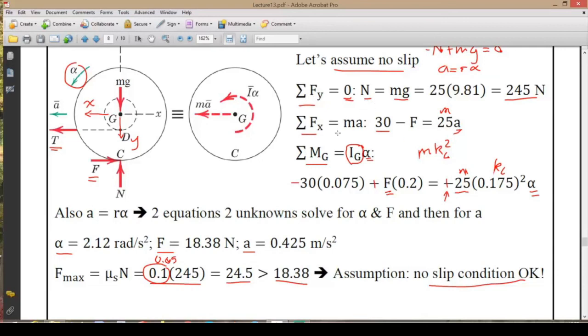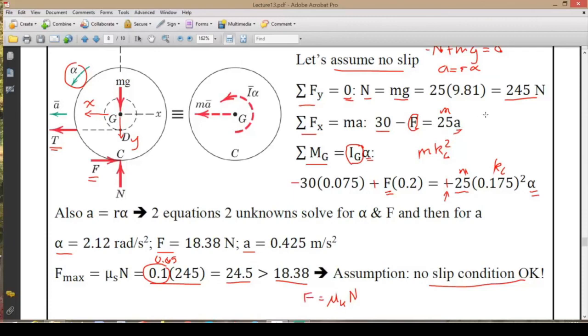In Fx, would I change anything? No, I would not change anything, but then one thing would be known. F would be known now because F will be calculated by mu k, the kinetic friction, times N. And that would be the F in the second equation.